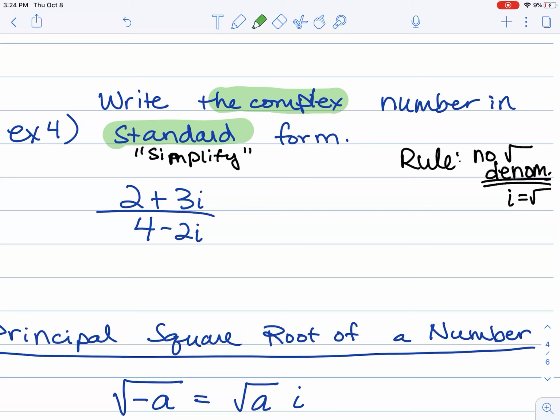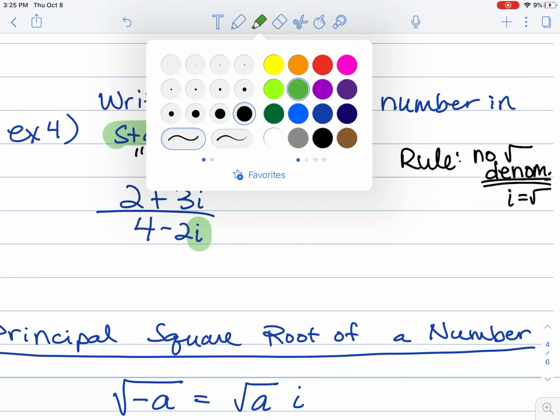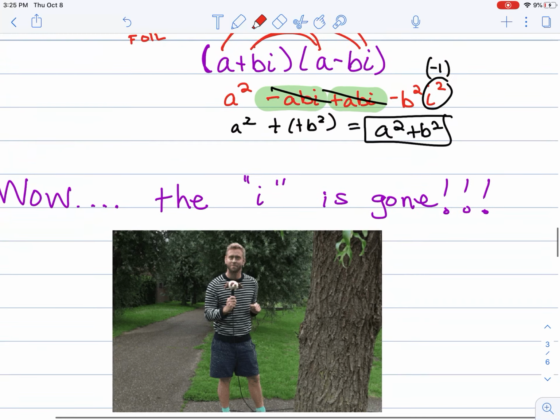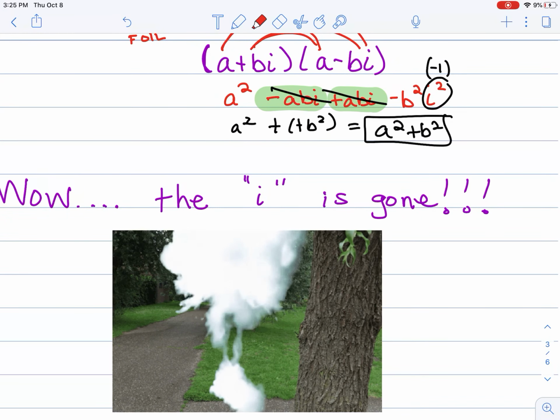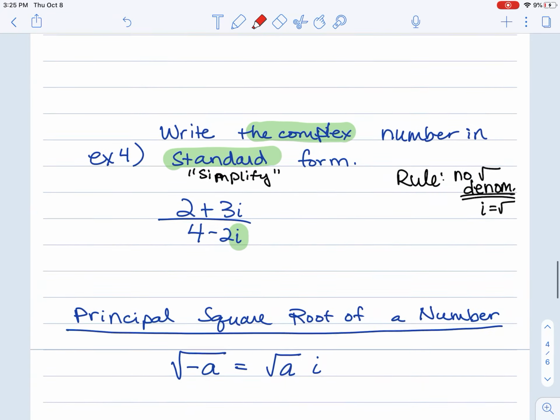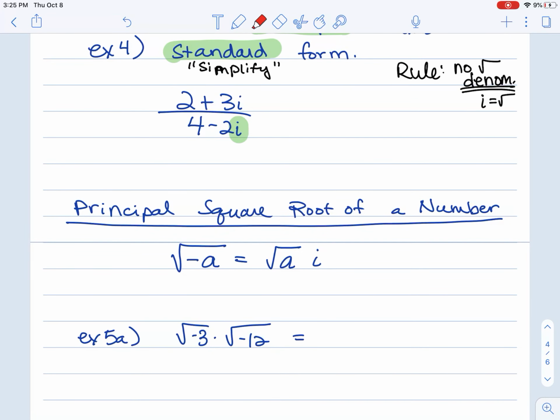So this i right here can't be in the denominator because it's technically a root. So we're going to do something to make that i disappear. What do you think we're going to do? How did we make the i disappear up here? Right? We multiplied by the complex conjugate. So here we go. We're going to also multiply by the complex conjugate that would make this go away. We want it to go away.